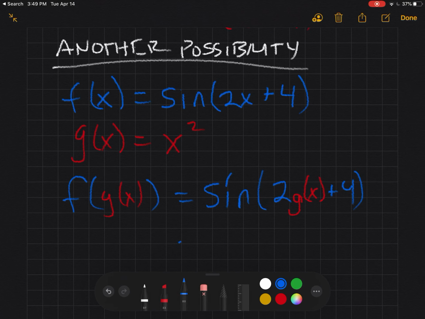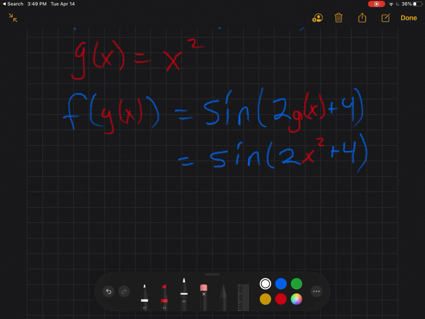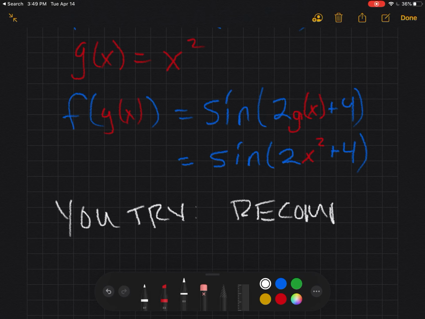So if I take f of g of x, that means I'm taking the sine of 2 times g of x plus 4. And that's going to give me the sine of 2x squared plus 4. So those are two possible ways I could decompose this function.